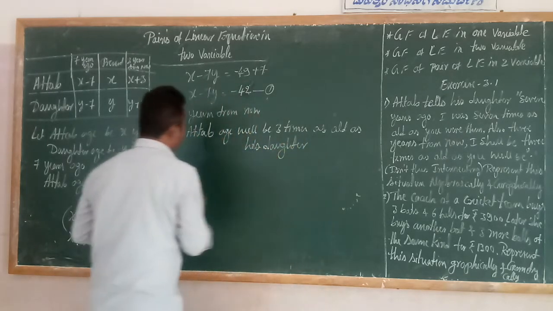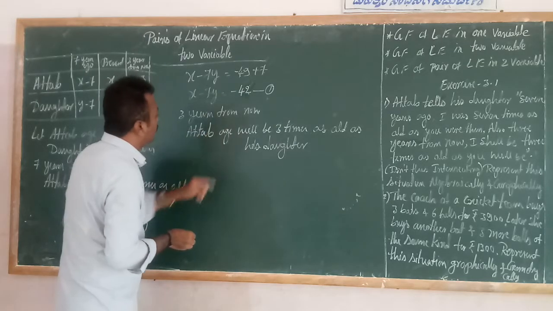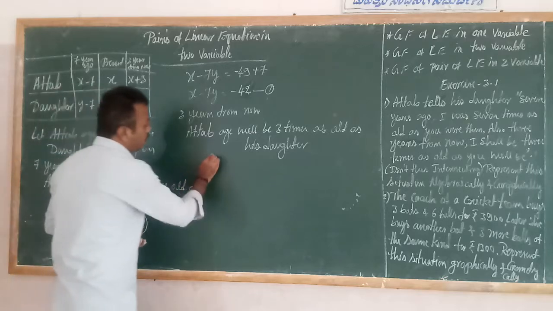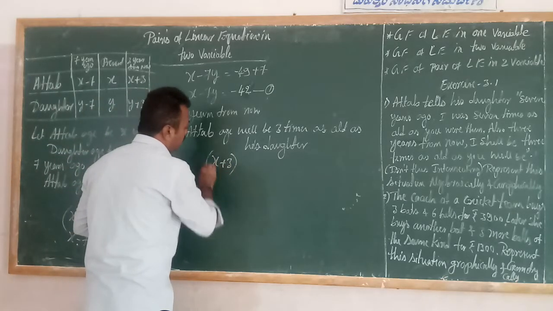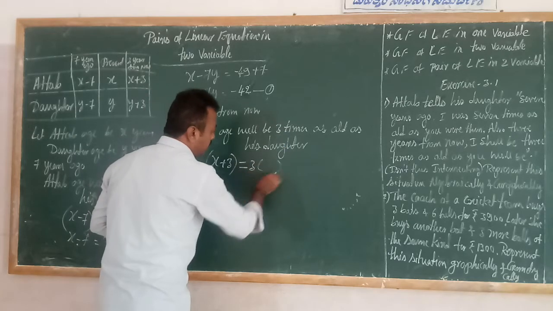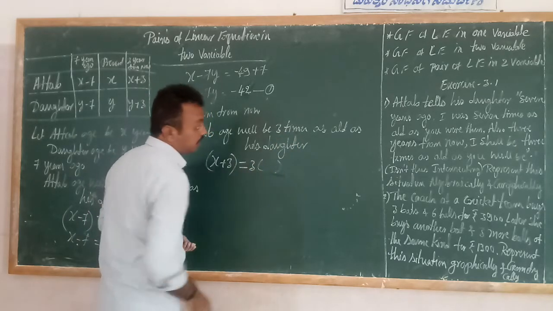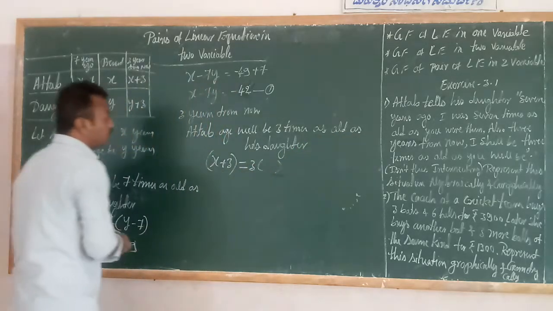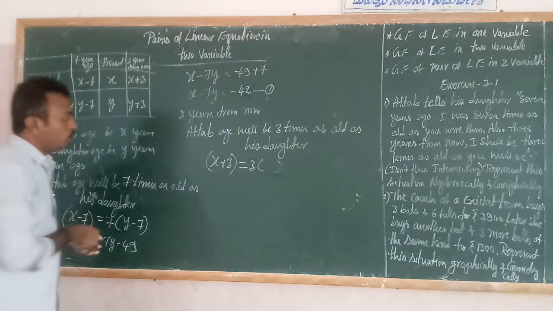Correct? Yes. What is the age of the father after 3 years? x plus 3. Therefore, x plus 3 is equal to 3 times, the bracket is indicated as into, as old as his daughter. What is the age of the daughter after 3 years? y plus 3.